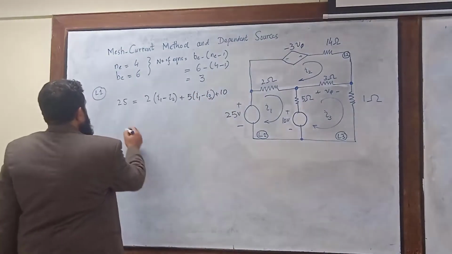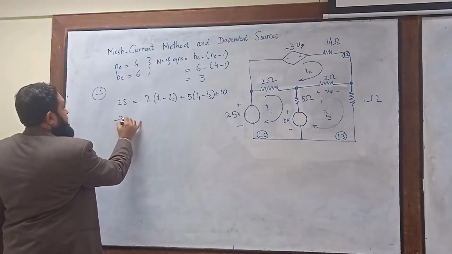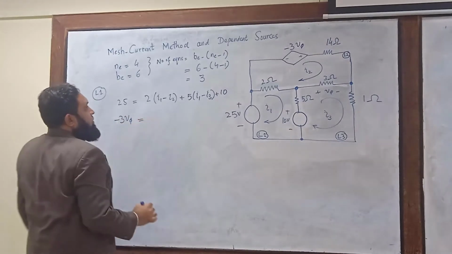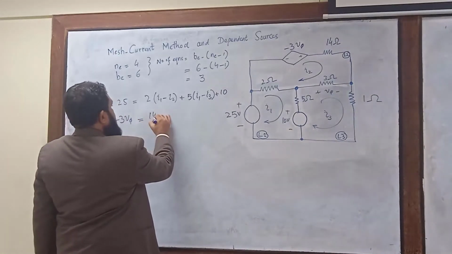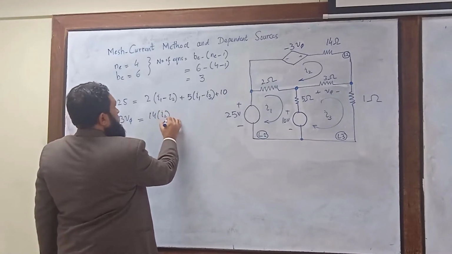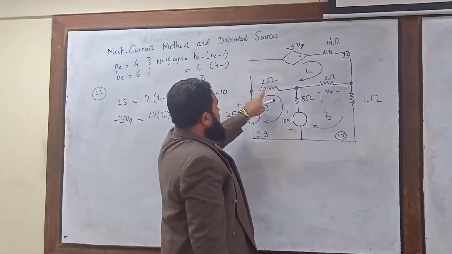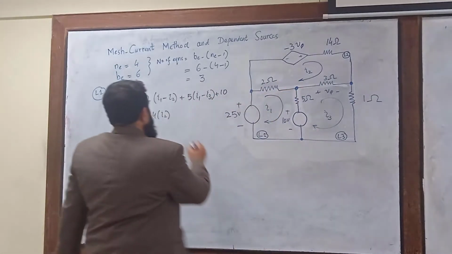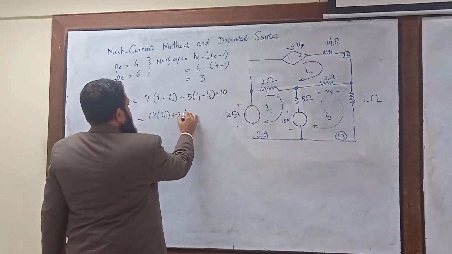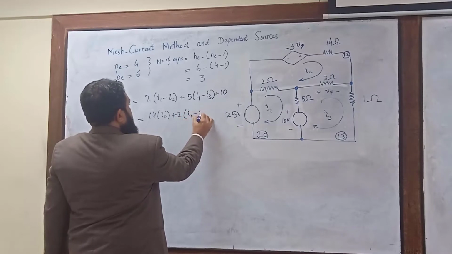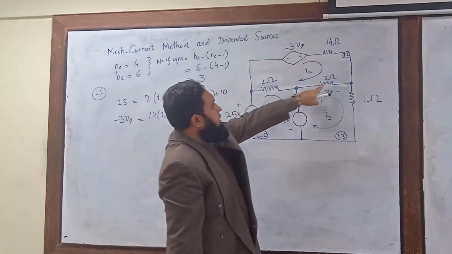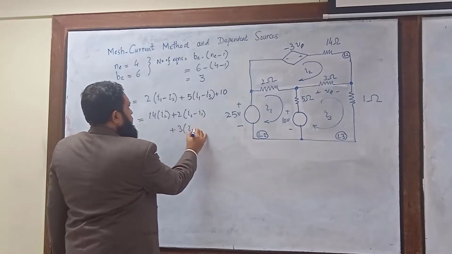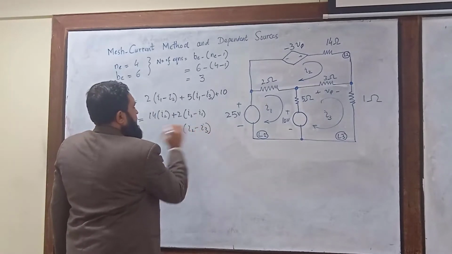So we can write minus 3v5 as the voltage rise, and this will be equal to 14 times I2, plus 2 times (I2 minus I1), because I1 and I2 have different directions, and here 3 times (I2 minus I3).